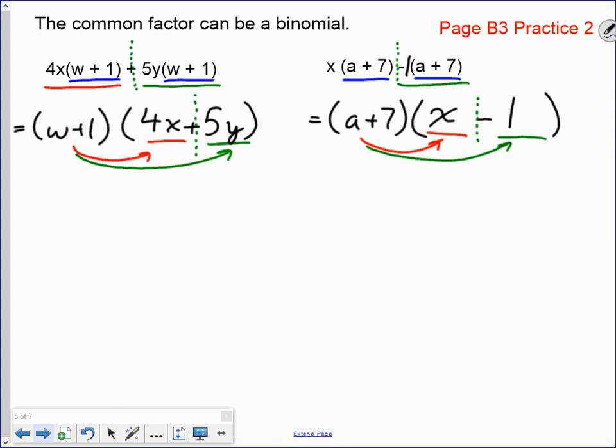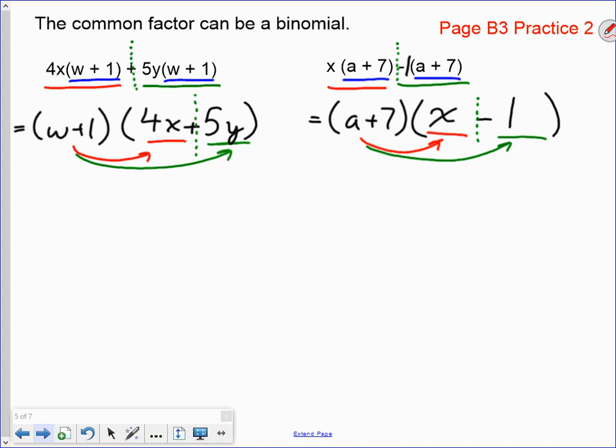We need something after that negative sign in that bracket, so it's just going to be a 1. A plus 7 times negative 1 gives us negative a plus 7. Okay, so you can try those ones on page B3, practice number 2. That'll give you some practice factoring out a binomial term.